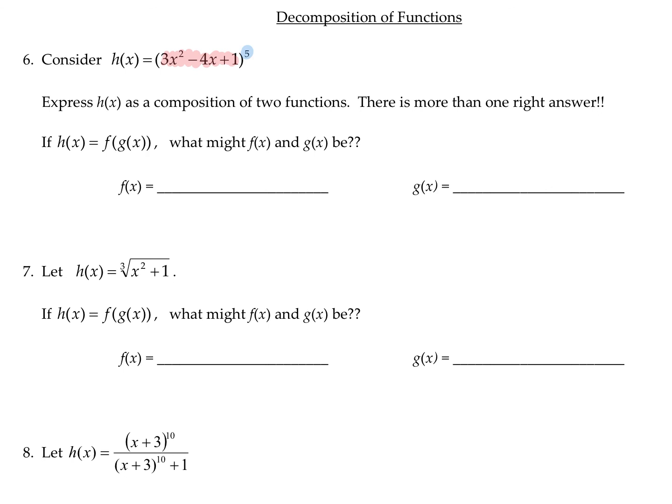So in my mind, if g was the inside function, that means g would be 3x squared minus 4x plus 1. And then f would have been x to the 5th, because I would have put g into x and would have been that whole power to the 5th power.